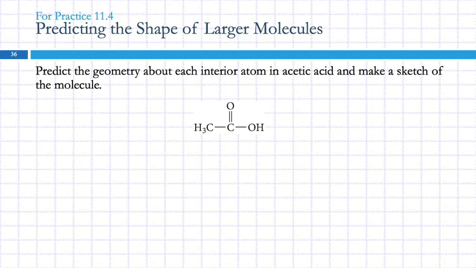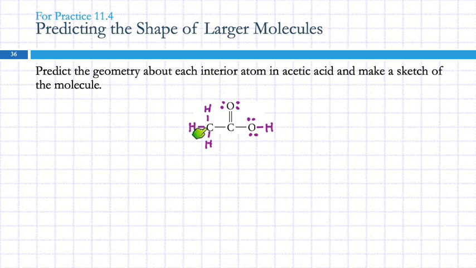I wouldn't give this to you like this, because this is not really the Lewis structure. So I'm going to do the Lewis structure so we can see a little better. So if you're given something like that.